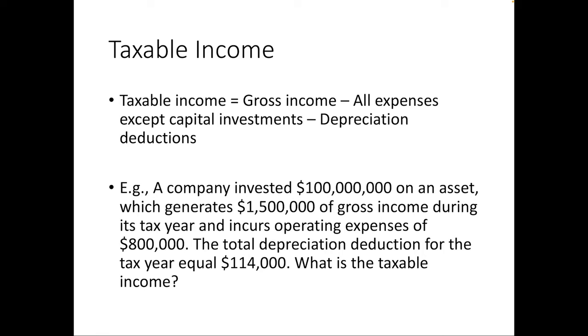Because if you're running a business, you need to operate that business, you need to rent a place, you need to hire some people. You need to buy equipment, you need to pay for the utilities, all those expenses. You need to take that from the gross income, except capital investments, okay? So your gross income minus all the expenses except capital investments.